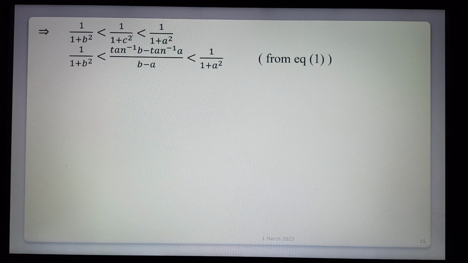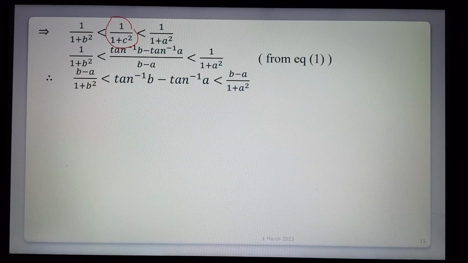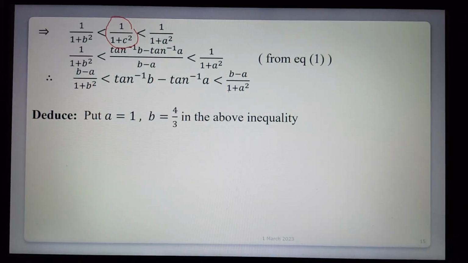From equation 1, 1 by 1 plus c square can be written as (tan inverse b minus tan inverse a) by (b minus a). Now multiplying by b minus a on both sides: (b minus a) by (1 plus b square) is less than tan inverse b minus tan inverse a, which is less than (b minus a) by (1 plus a square). So this proves the inequality.